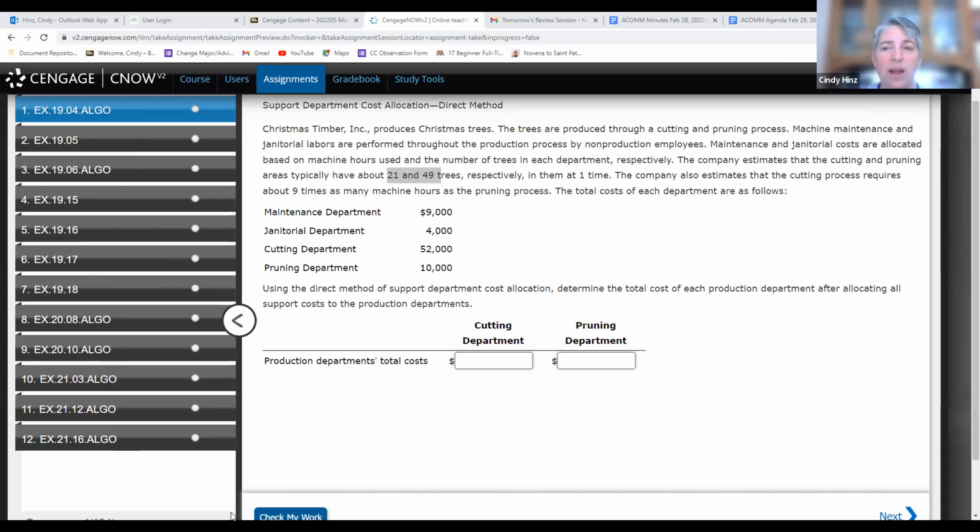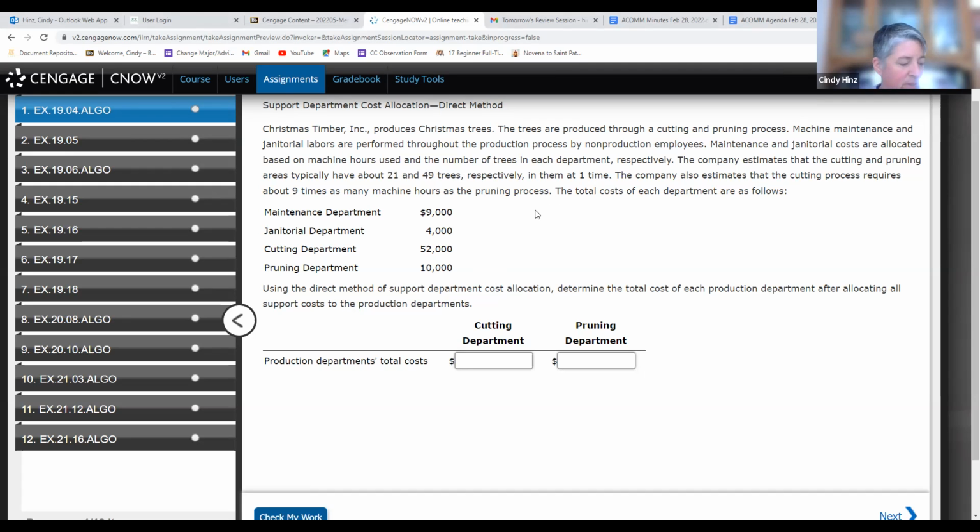That means these are algorithmically generated. The problems are exactly the same for everybody who works on this, but some of the numbers in the problem are going to be different. So the process that I follow will work for what you have, but the exact numbers are not going to match up. That's probably not a bad thing, because it allows you to see how to do it and then try it on your own.